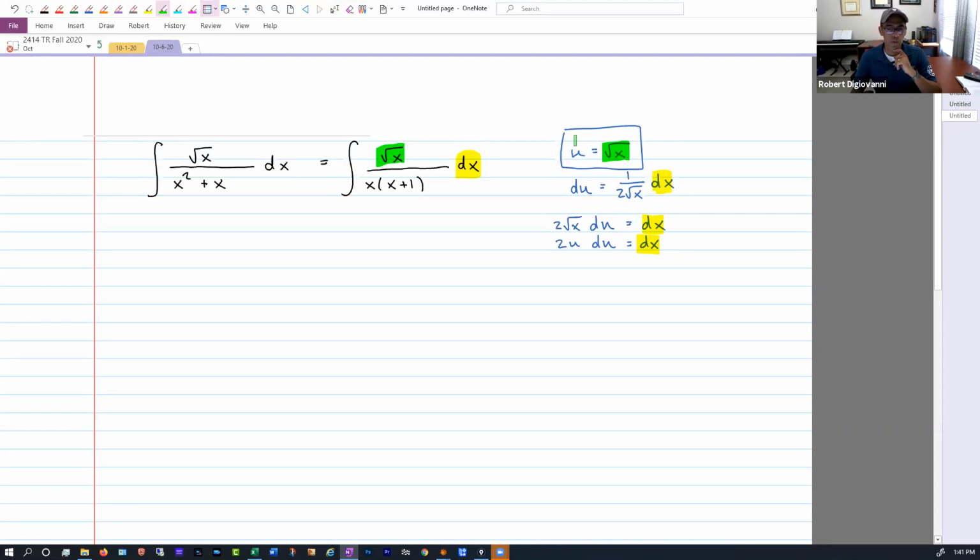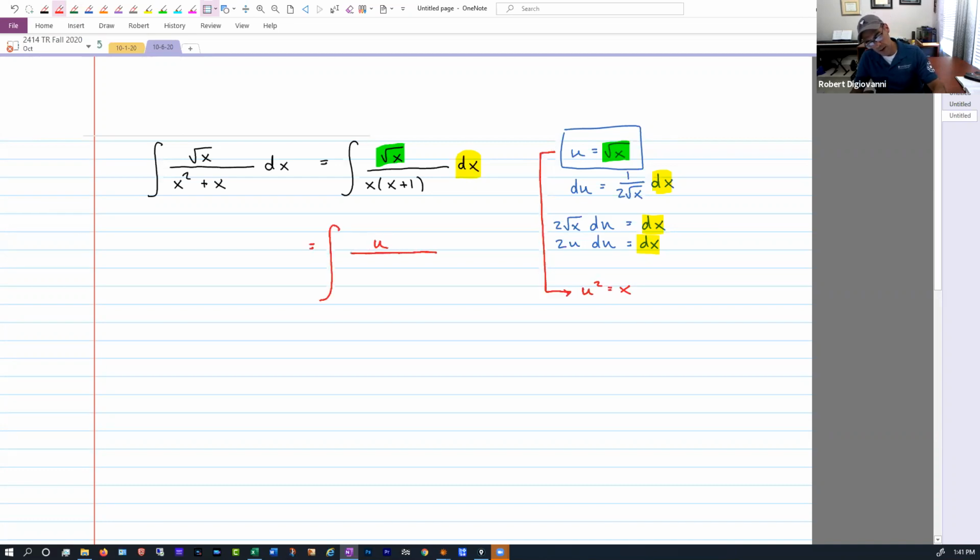What do I replace x with, though? U squared. Yeah, just take that and square both sides of that equation. U squared is equal to x. So now let me rewrite the integral. The part in green becomes u.